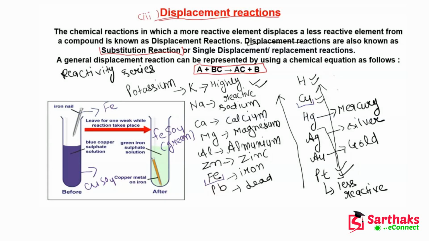Okay guys, I hope you understand this logic. Now guys, when we started this chapter, I told you that when a chemical reaction takes place, you might see a change in color. So here in this reaction, you can see there is a change in color.